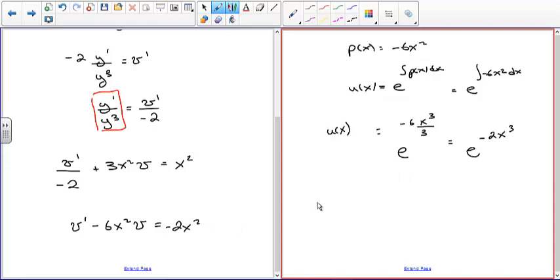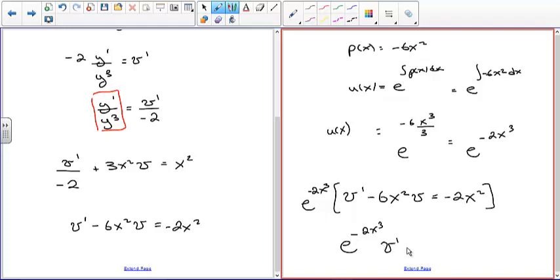So now if I take my first order linear differential equation in standard form and I multiply by the integrating factor, so all I'm doing is taking that integrating factor and multiplying everything, I'll get e to the minus 2x cubed v prime minus 6x squared e to the minus 2x cubed v.